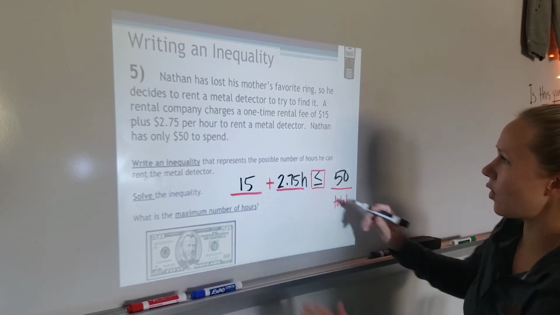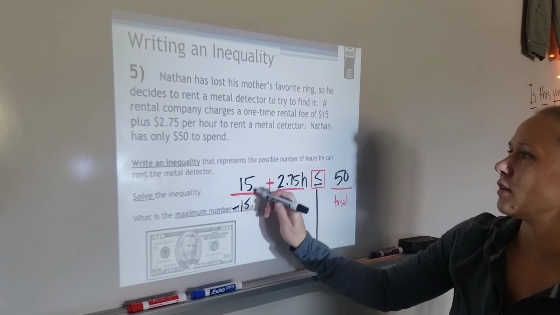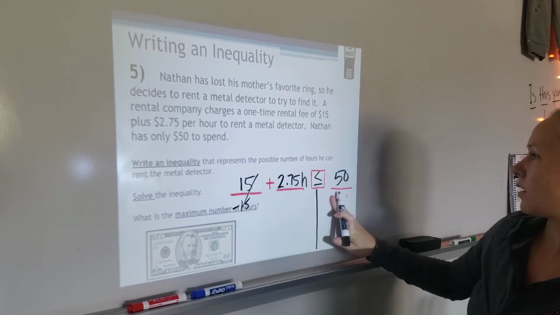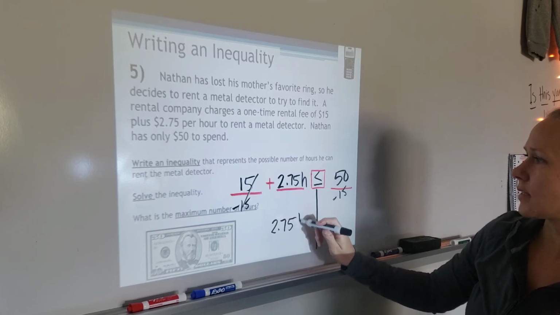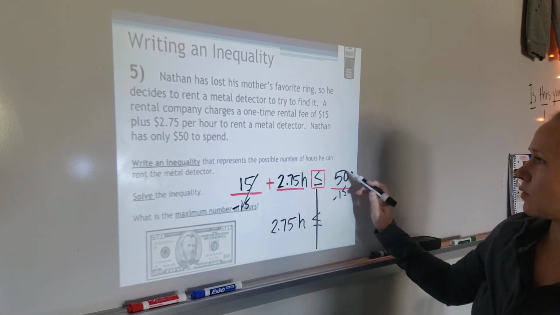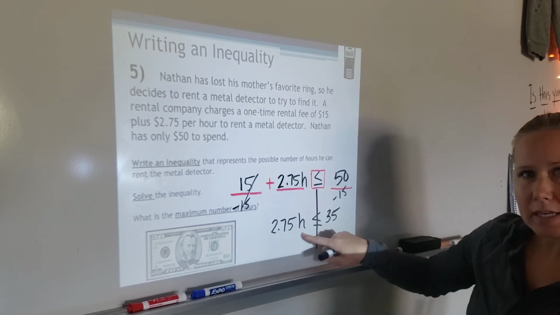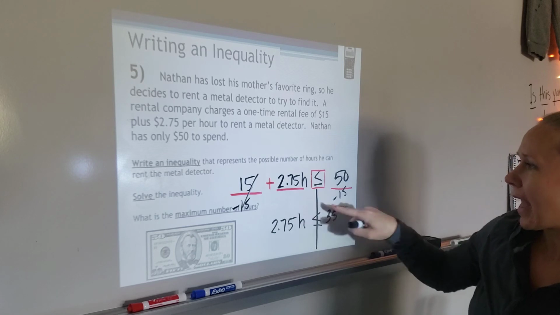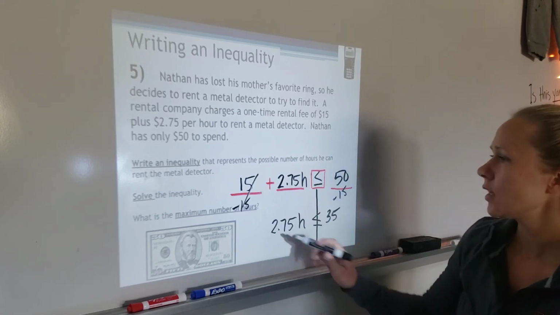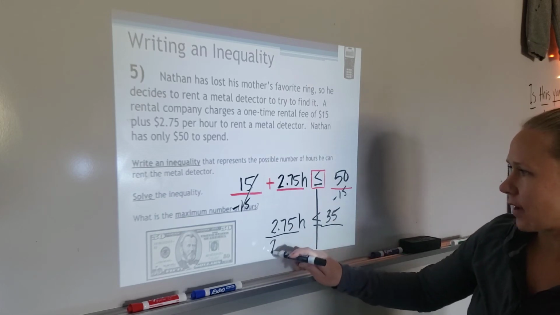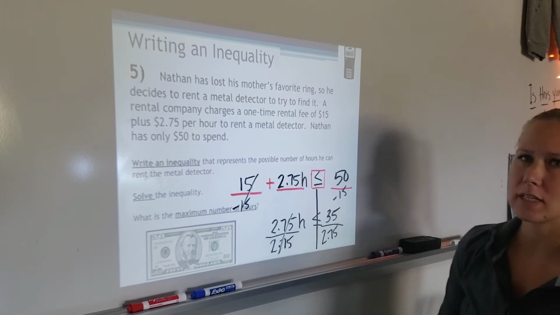All right, so now this is where I'm going to need my calculator. We want to subtract the 15, so we're going to take away that rental charge. So $2.75 times hours is less than or equal to 50 minus 15, which is 35. So really, I've got my hourly, $2.75 per hour, and then this is the amount of money that I really get to spend on just the hourly fee. So let's divide it by 2.75, and this is where we're going to need to use our calculator.